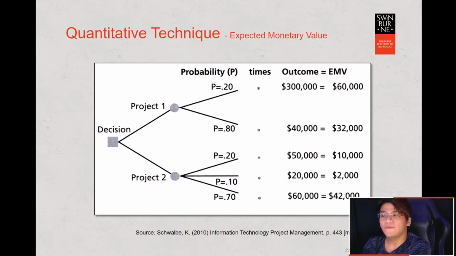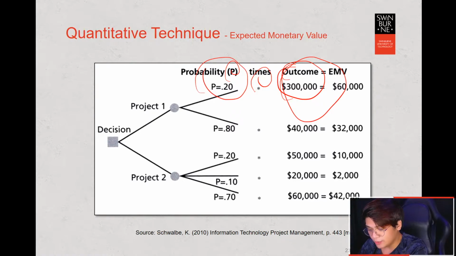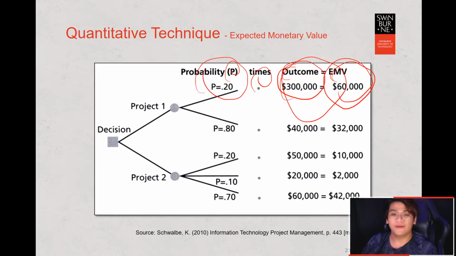For example, we have the quantitative technique, which is based on expected monetary value. We have the chance of the thing happening and how much money will need to be spent if that risk happens, and we multiply the probability P times the outcome to get the expected monetary value of the risk.